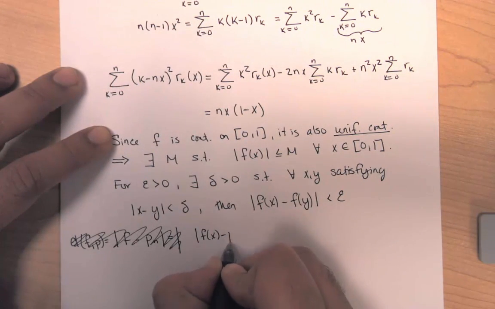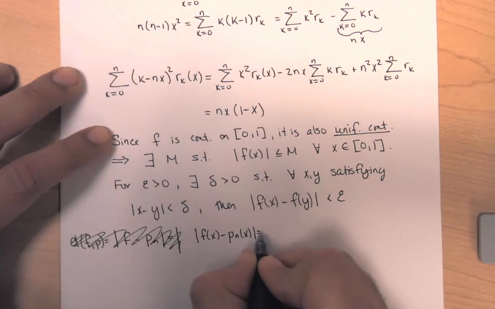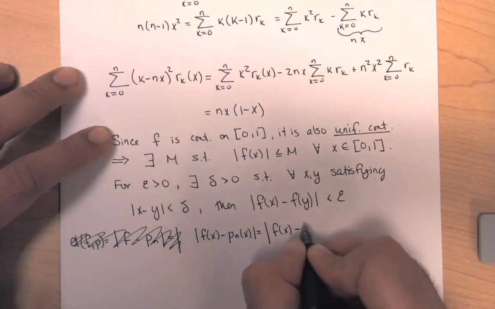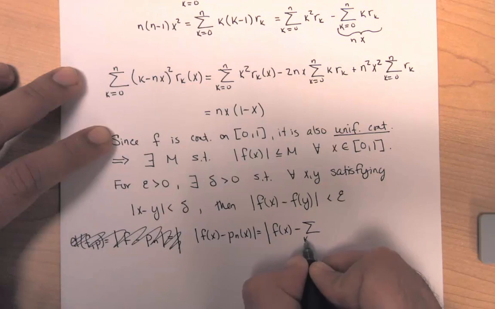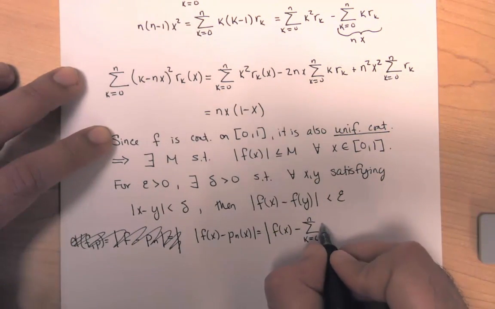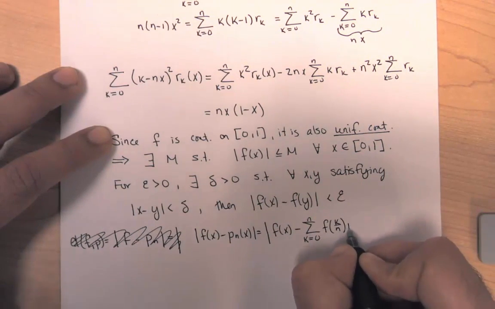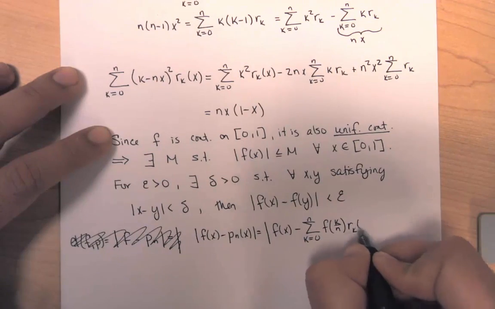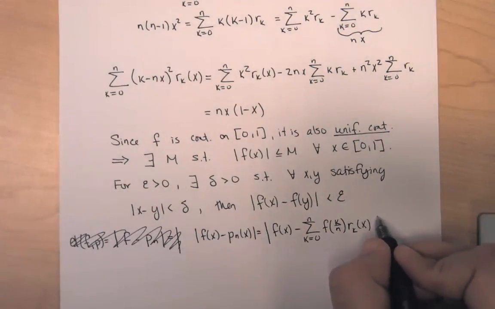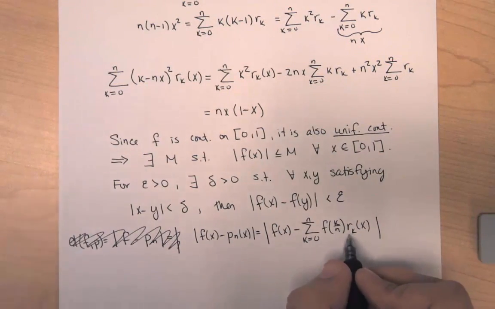f of x minus Pn of x equals f of x minus the sum from k equals 0 to n of f of k divided by n times rk of x. This is the Bernstein polynomial using our definition of rk.